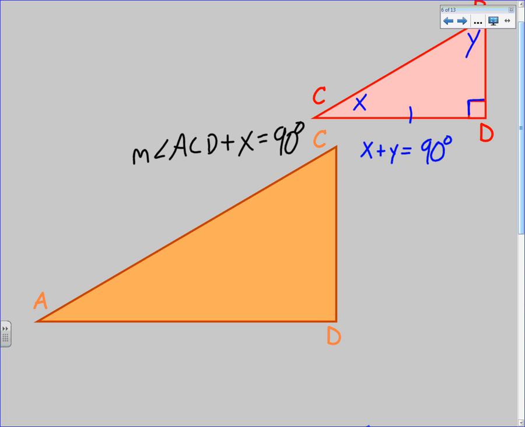All right, well, going back to what you've learned from algebra, I want to get that unknown by itself. So let's subtract x from both sides. So we're going to have the measure of angle ACD is equal to 90 degrees minus x degrees, right?